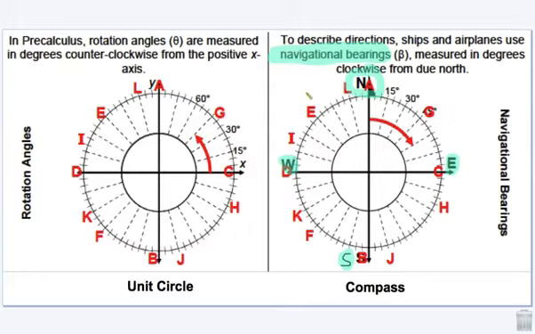When you're using vectors and navigating different locations, a lot of times you'll be given navigational bearings, and before you can use the vector formulas, you have to change the navigational bearings into rotation angles.